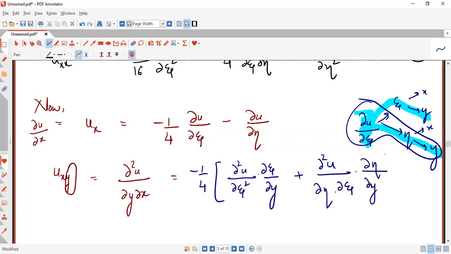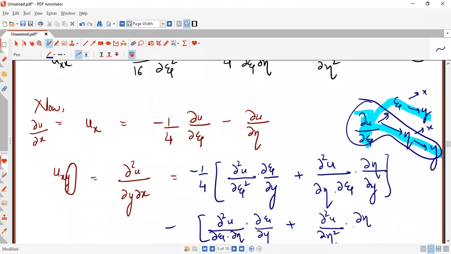I'm using the simple chain rule here. Minus of ∂u/∂η. Now ∂u/∂η again is a function of ξ and η, so it will become ∂²u/∂ξ∂η into ∂ξ/∂y plus ∂²u/∂η² into ∂η/∂y. Done here.